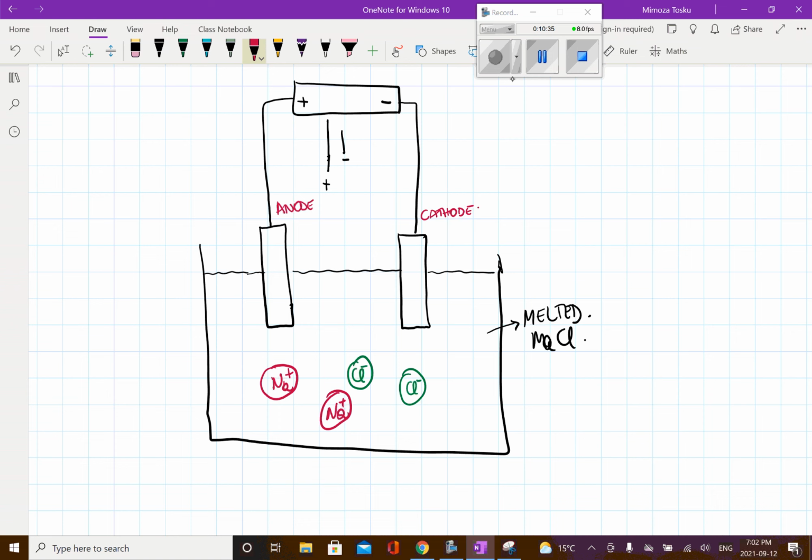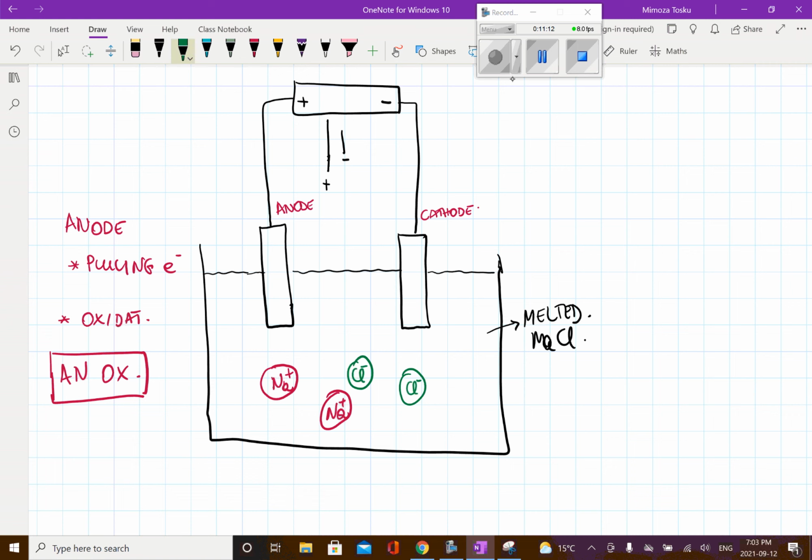Why is it like this? Because what is happening in the anode is pulling the electrons. So anode is pulling electrons, which will result in oxidation. And wherever the oxidation is happening, we call it anode, an ox. Remember the acronym that we were using?